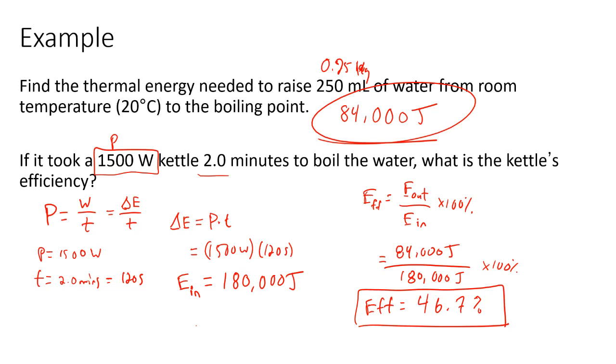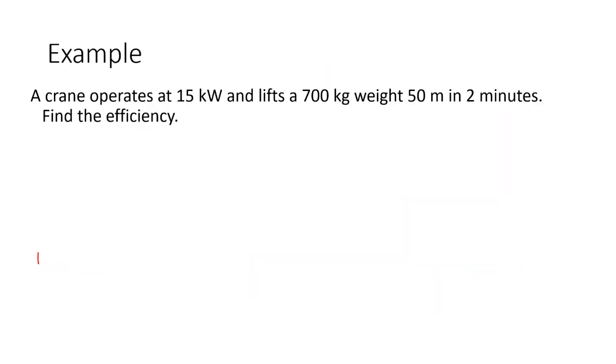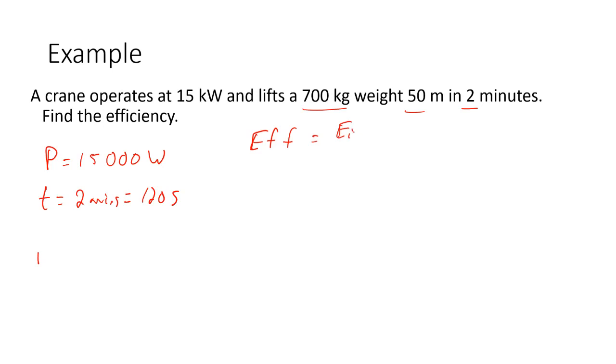We'll look at another example of efficiency here. What happens when we have a crane that operates at 15 kilowatts, or 15,000 watts, and it lifts a 700 kg weight 50 meters in 2 minutes? The amount of time it does that job in is 2 minutes, or 120 seconds. Find the efficiency. I'm going to need to know my energy input, compare that to my energy output, and find that number as a percent.